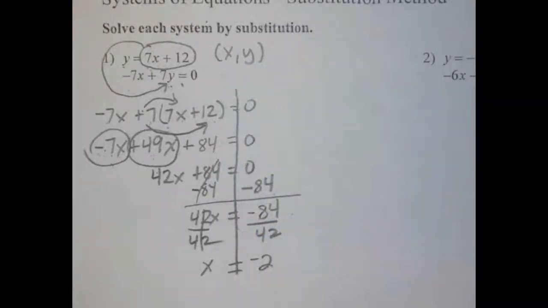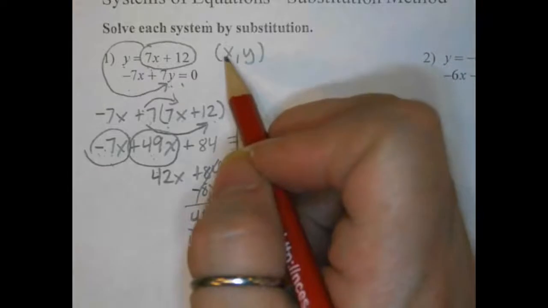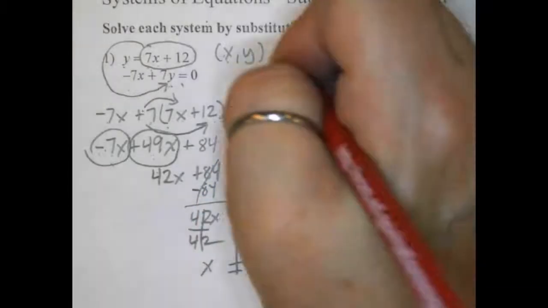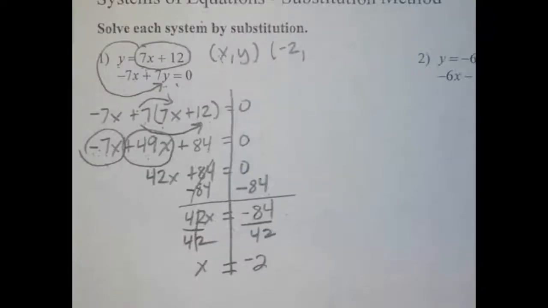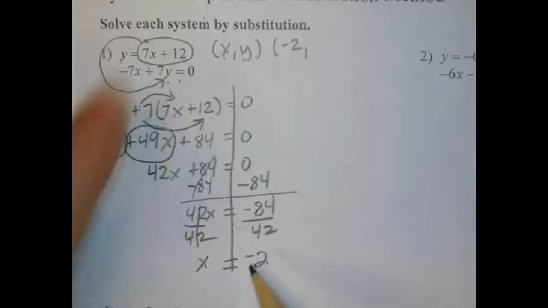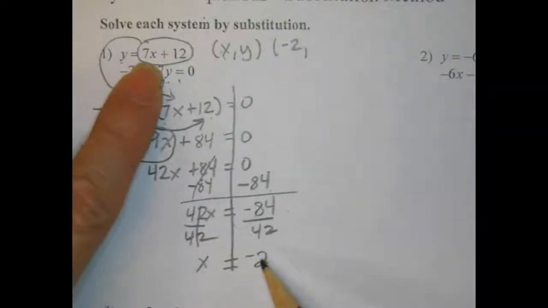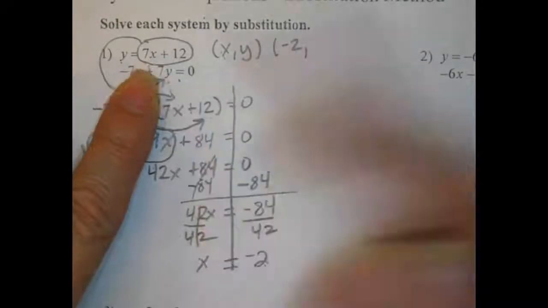So now I'm not done. I know what x is. My x is going to be negative 2, right? But I don't know what y is. Here's my negative 2. I know what y is equal to. So I'm going to take this negative 2 and substitute it into this top equation.